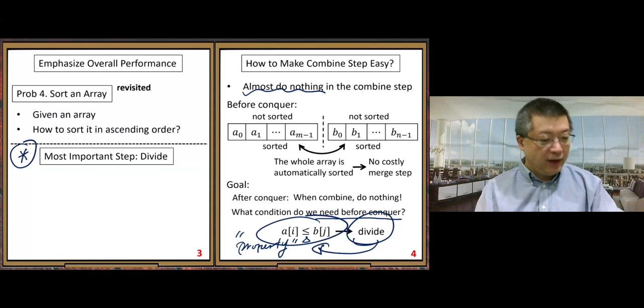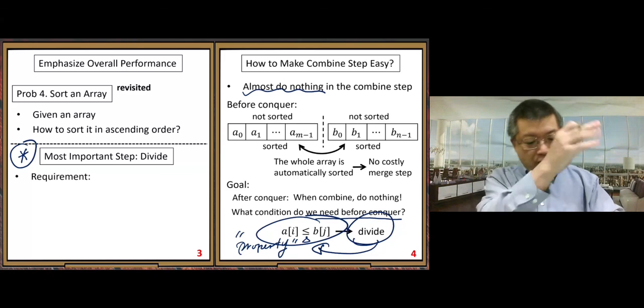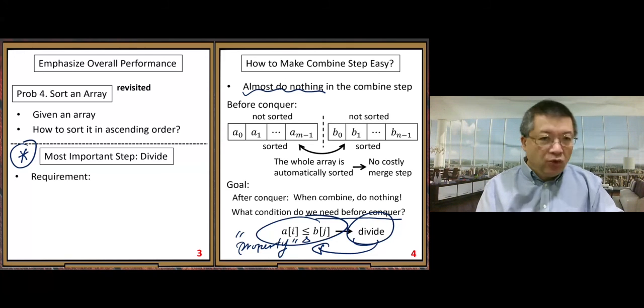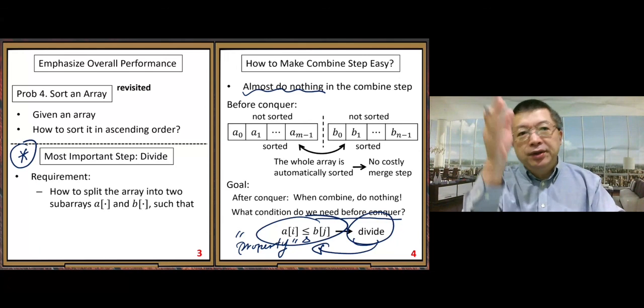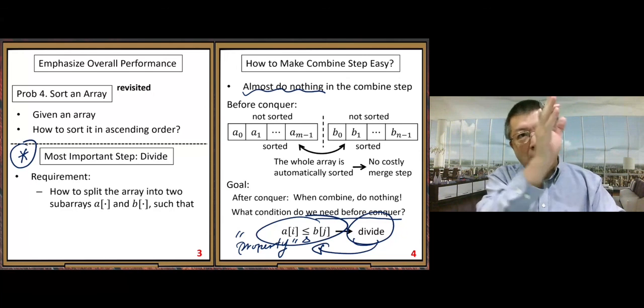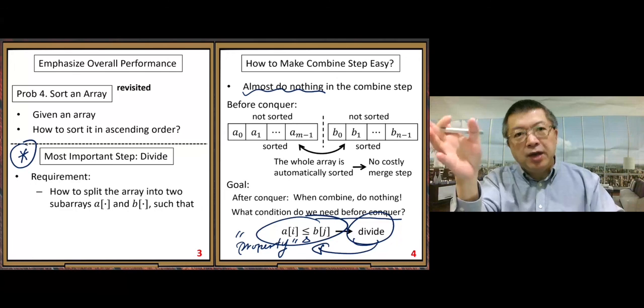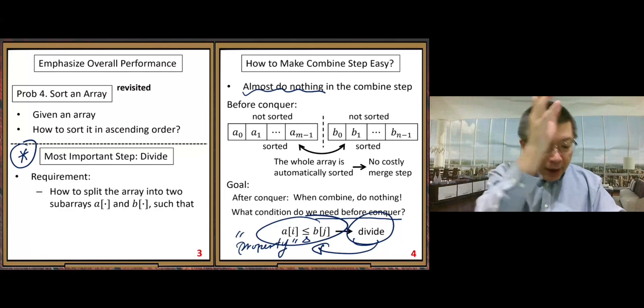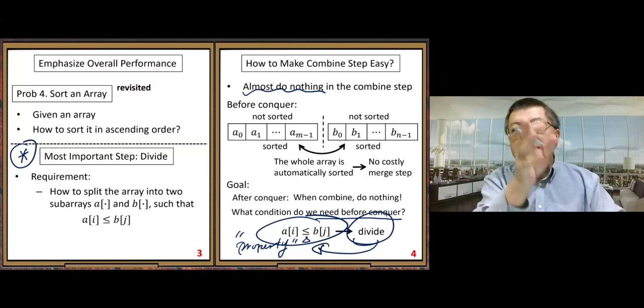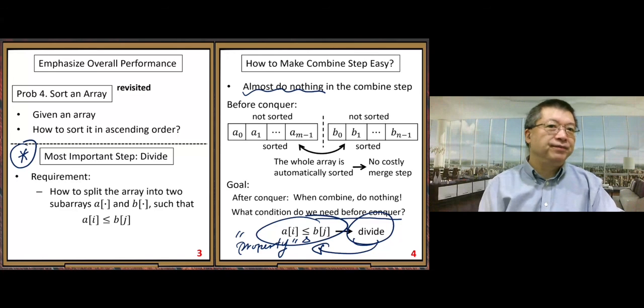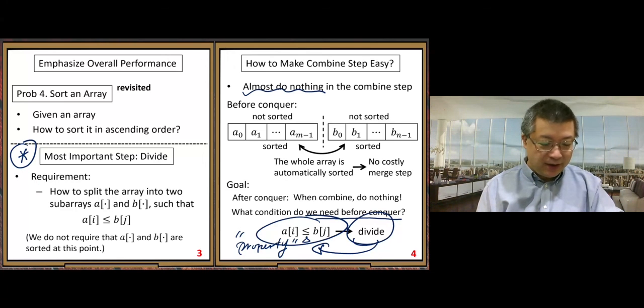Let's try to get more information for this step. Requirement: how to split the array into two subarrays, A subarray and B subarray, such that A[i] is less than or equal to B[j]. You know the meaning of that, right? Very easy.